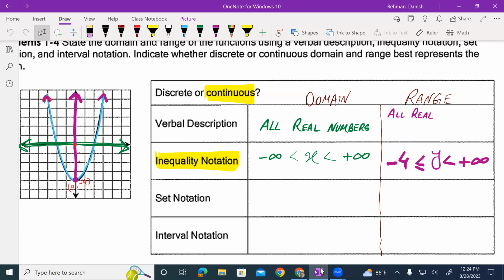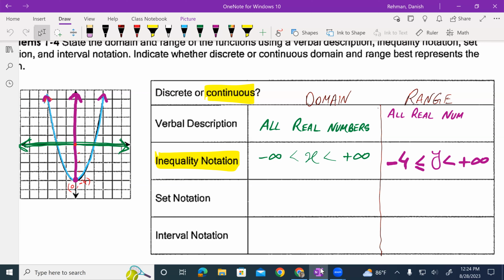I will have to bring in that starting point saying greater than and equal, greater than or equal to -4. That's how I will mention the range.